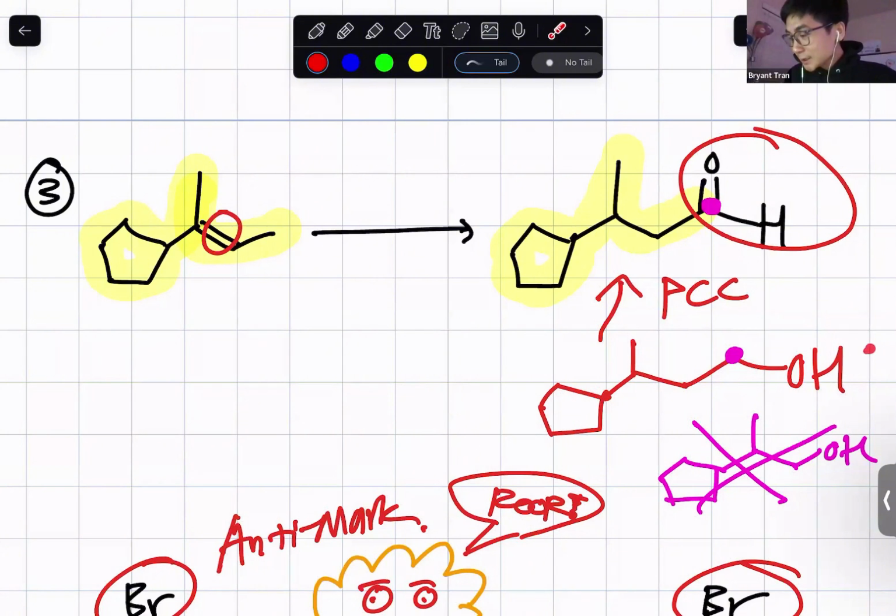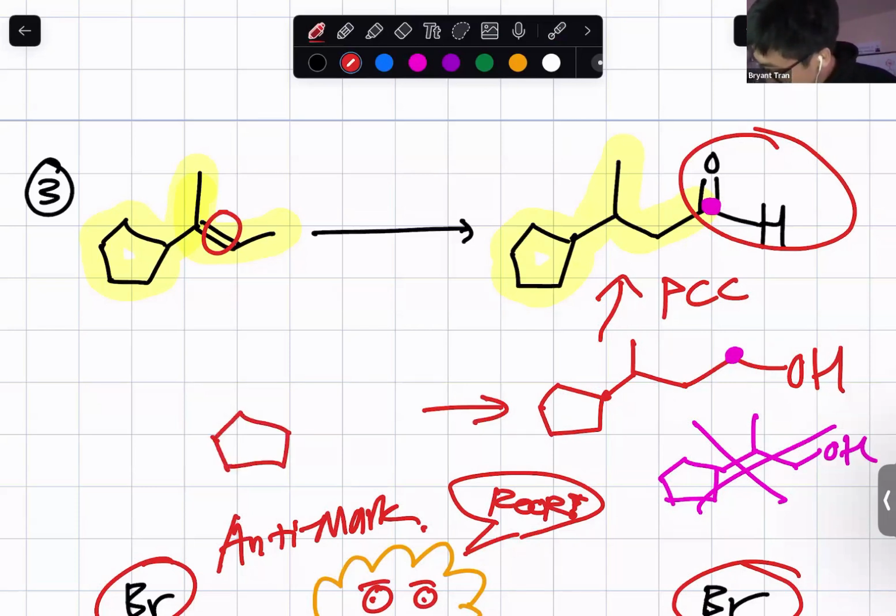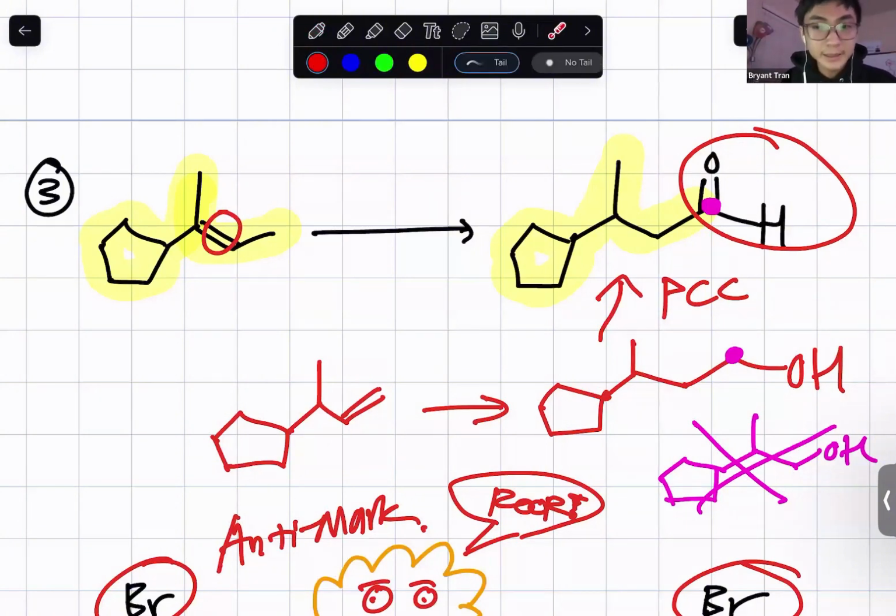Now, what do you guys notice about this alcohol? Is that the less substituted side or most substituted side? And if so, what reaction adds the alcohol there at that side? Yep, less substituted side. What reaction creates alcohol at the less substituted side? So E2 Hofmann would create an alkene at the less substituted side, right?